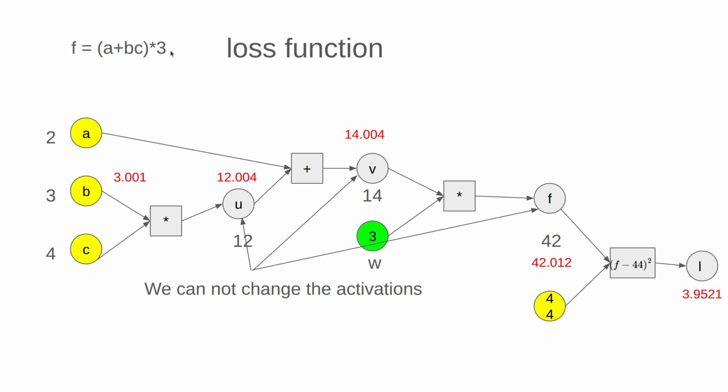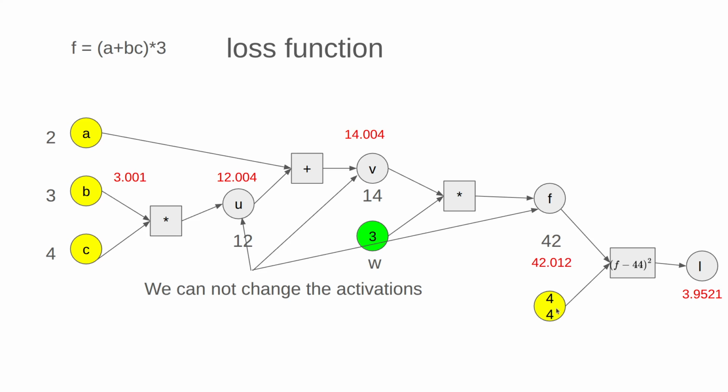For example, in the formula here, which might be our model, we can change it from 3 to 3.1 or to any values. The purpose is that we hope we can change the value to let the f become 44.